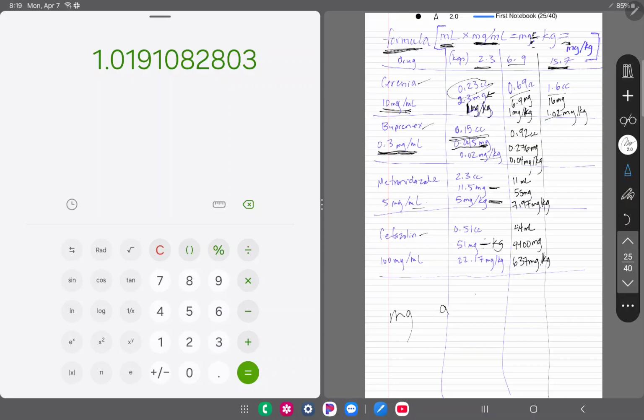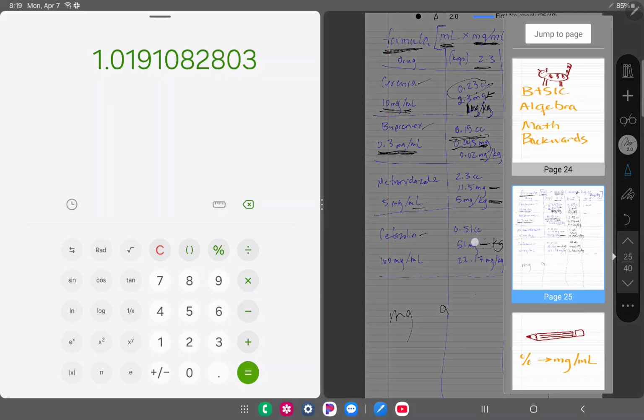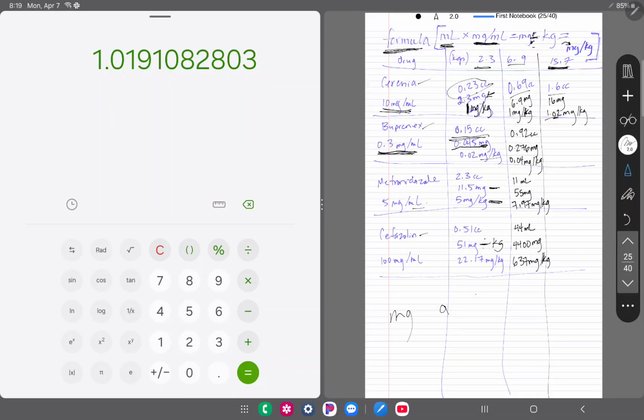Again, if you're at all concerned, you should bring it up. But that 0.02 usually doesn't mean a whole lot. All right, so let's go to Buprenex. For this kid, I'm going to give 2 mils of Buprenex to this animal.